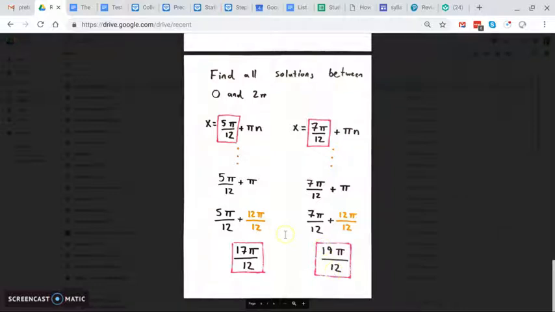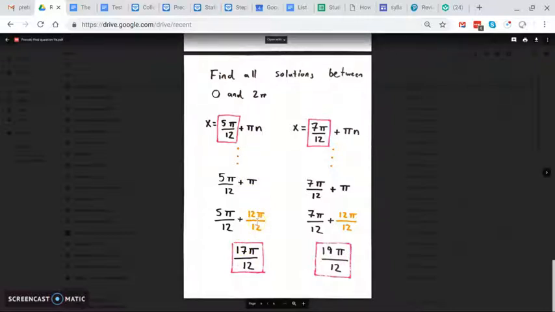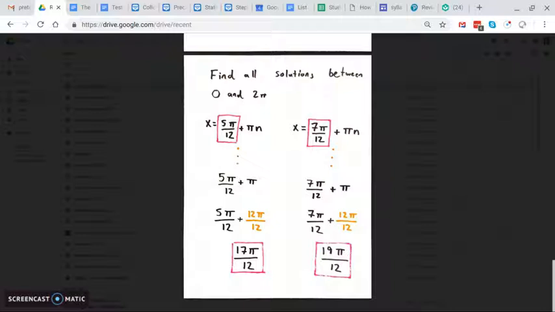The next solution would be another pi, so that would be what it would be when n is 2, and you would get 29 pi over 12, which is more than 2 pi. So that's not a solution that we're looking for.